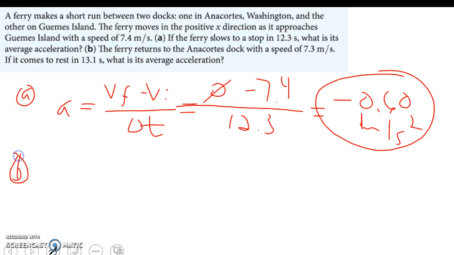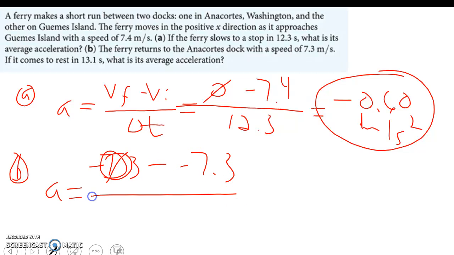If the ferry returns to the dock with a speed of 7.3 meters per second and it comes to rest in 13.1 seconds, what is the average acceleration? So we'll go in the opposite direction now. Returns to the dock, so we're going in the negative direction. So it's 0 minus negative 7.3, over our change in time of 13.1.